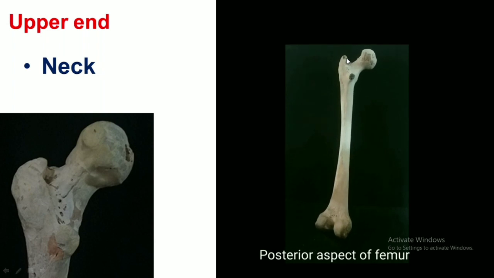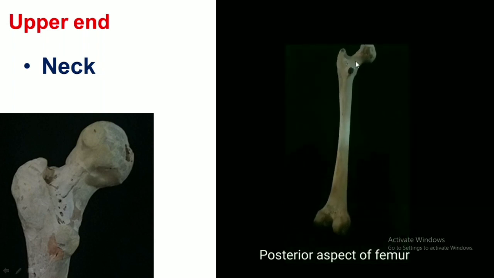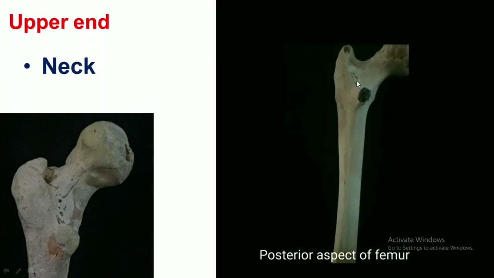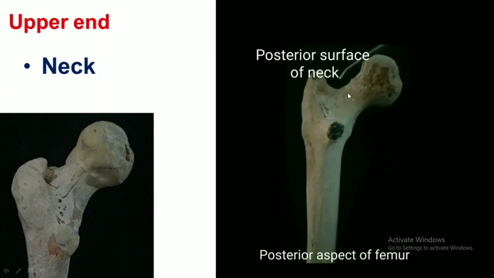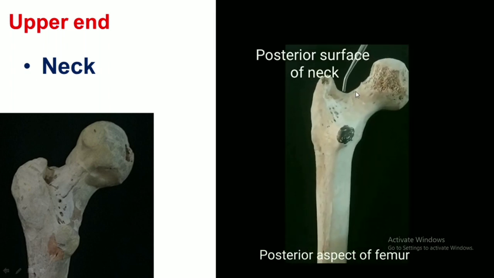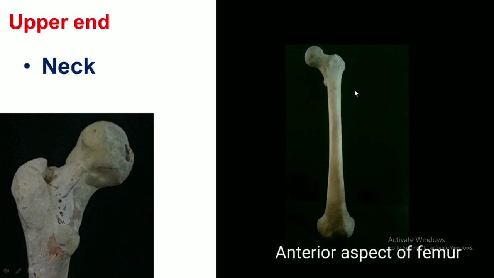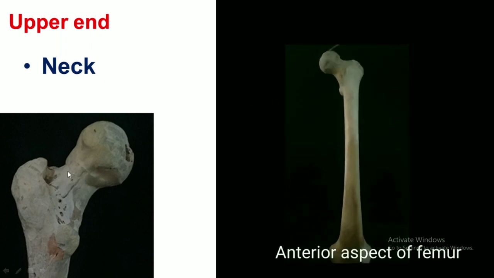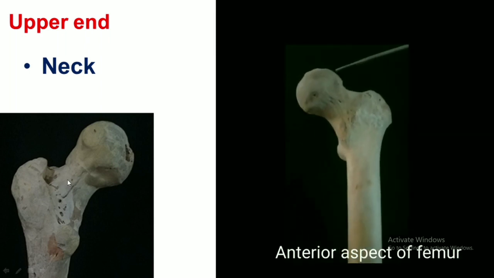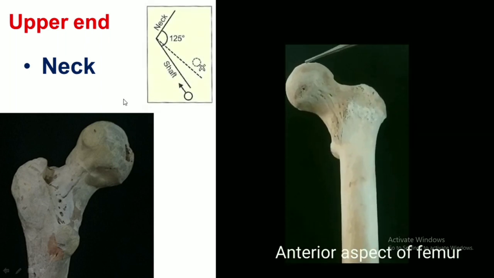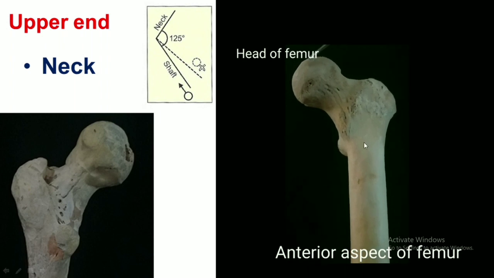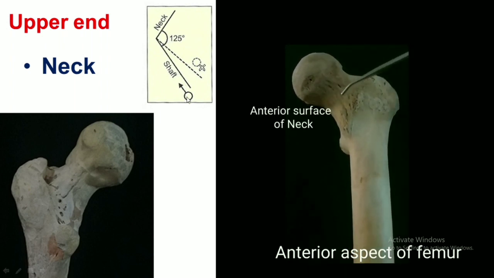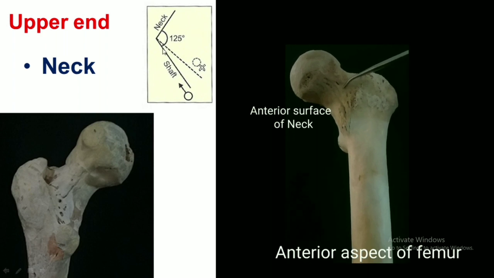From the posterior aspect, this is the posterior surface of neck. So that is about the neck. Here also you can see the posterior surface of the neck. The neck and the shaft angle in the male is 125 degrees, and it lays in female.